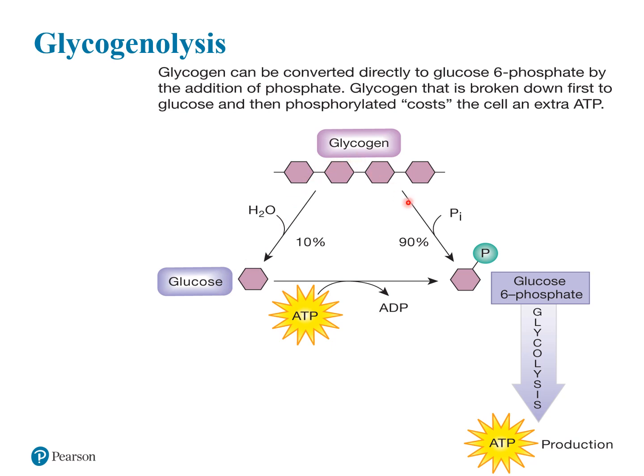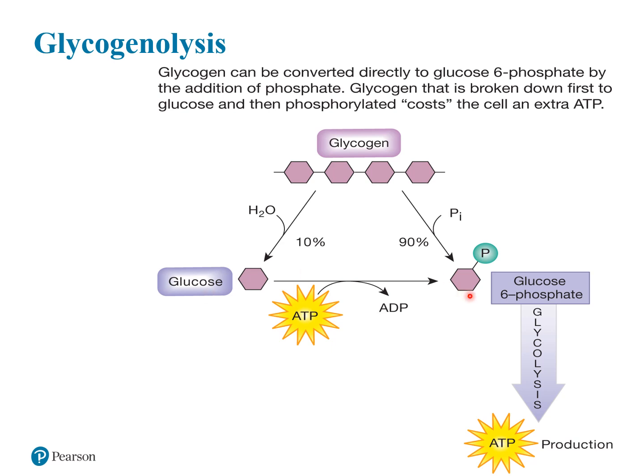Breaking down glycogen into glucose 6-phosphate is going to be faster for us to use it directly to make energy, versus if we break down glycogen into plain glucose and then we have to convert that glucose into glucose 6-phosphate, it's going to take longer, and it's going to take more energy from your cell to actually do that.